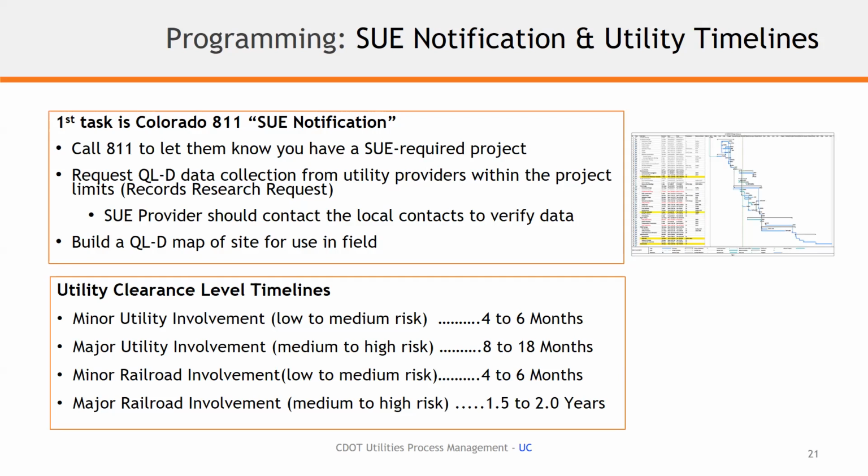And then we talk about railroad, because most people either know or don't know that the railroad clearance is also included under the utility clearance. So if you have a railroad component in your project, then it will fall under the same umbrella of utility clearance.